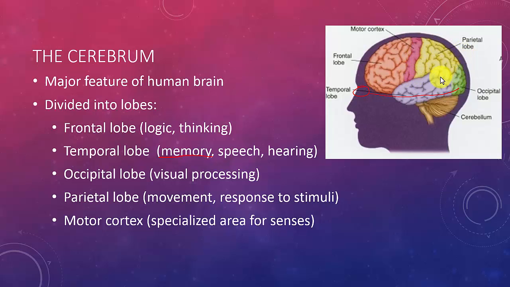And he controls our movements and our responses to stimuli. So if you ever got a needle or a shot in your life, which I'm sure we all have, whenever that needle enters your skin, the nerve endings in your skin fire signals saying, ow. And those signals travel up your spinal cord, and they go into your parietal lobe, where it tells you, ow.